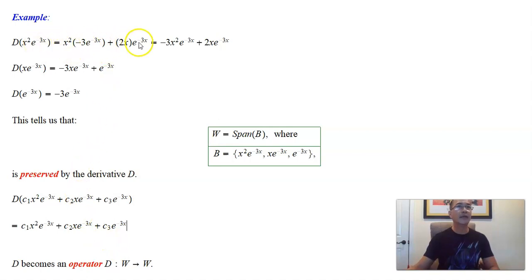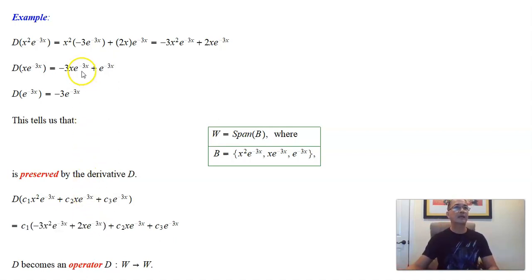For x squared e to the minus 3x, this is the derivative, so we will erase that and replace with this inside parentheses. This is the derivative of the second term, so we erase that and put that inside parentheses. Luckily for the last one, it is simply this.